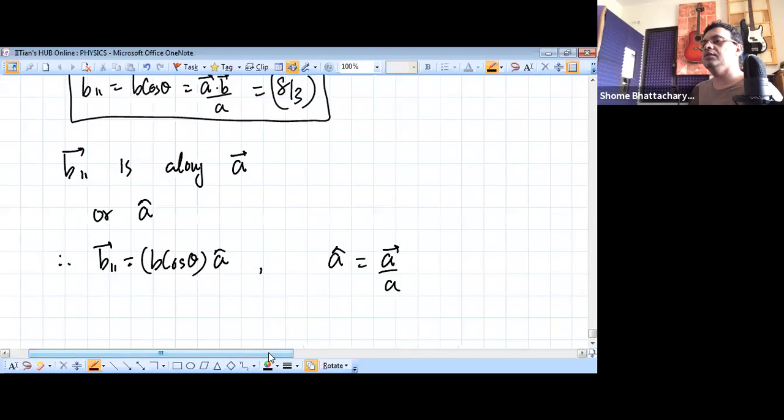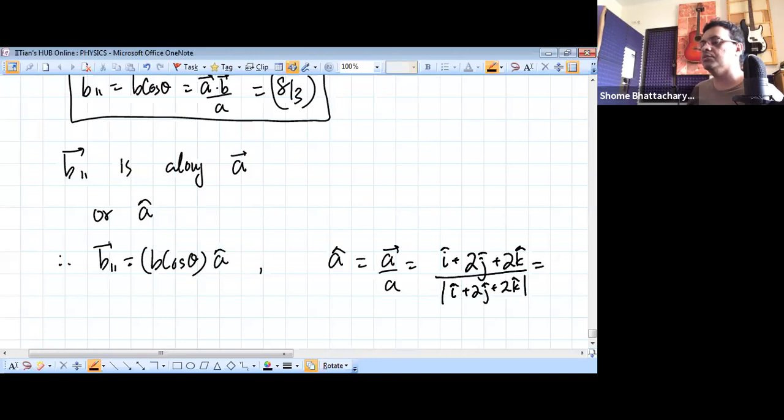The vector A, as we saw earlier, was, sorry, the vector A was i cap plus 2j cap plus 2k cap, divided by its own magnitude, which we've seen as 3.